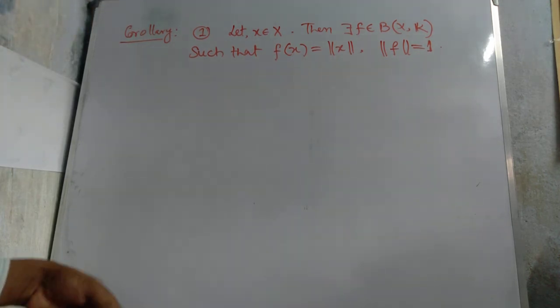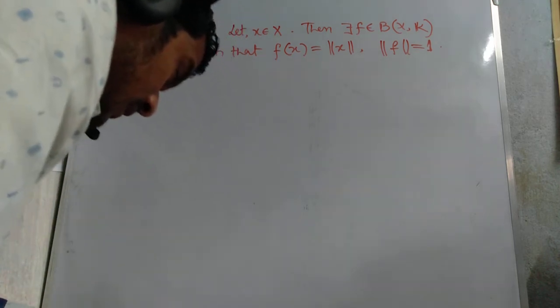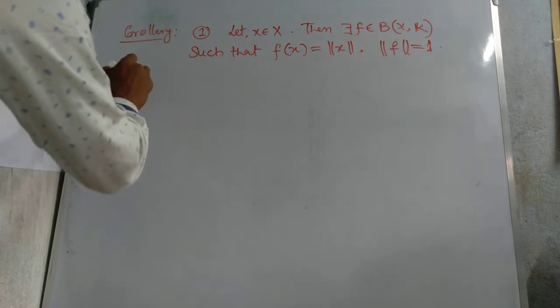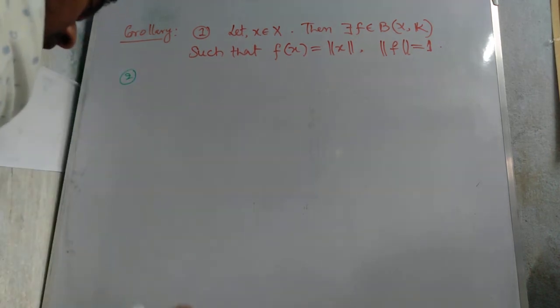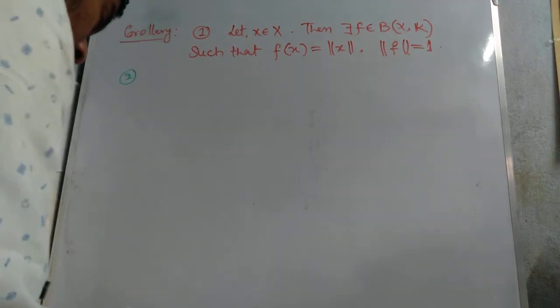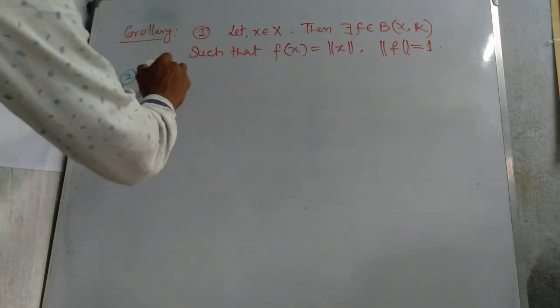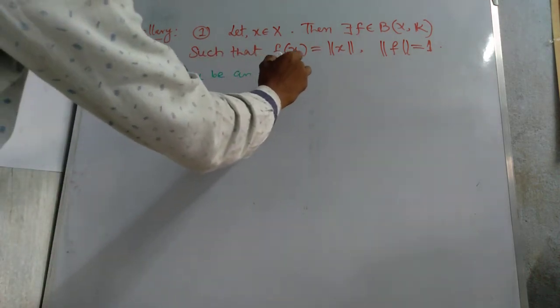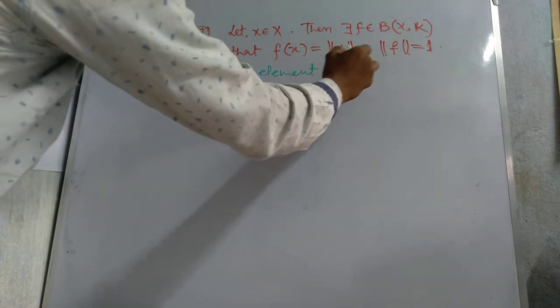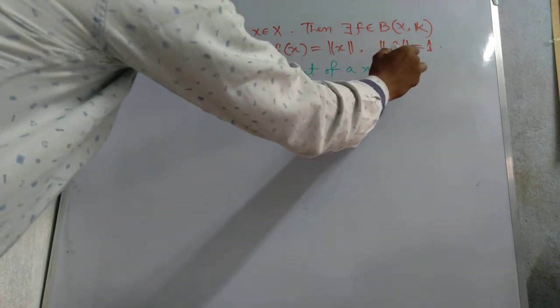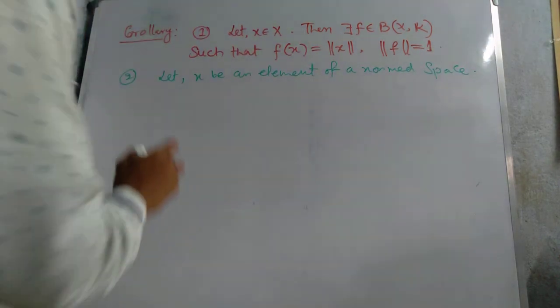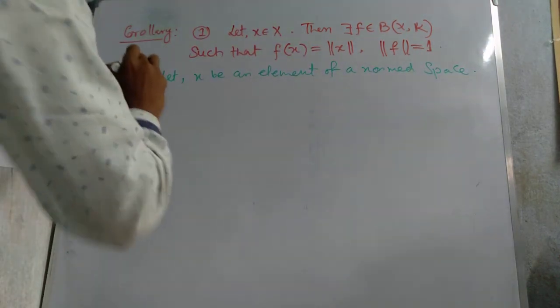The second corollary is that let x be an element of a normed space.